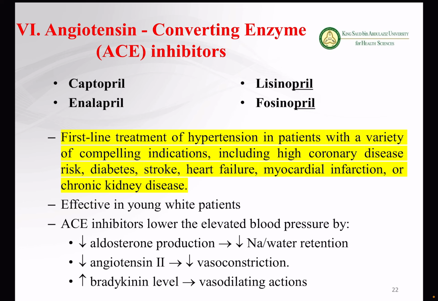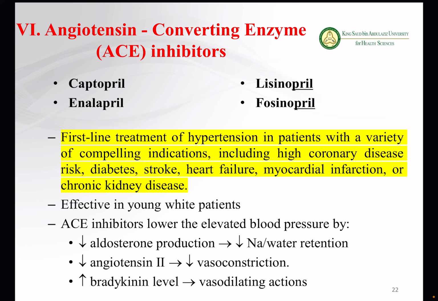Now, why do we prefer this in diabetes or chronic kidney disease? Apart from their antihypertensive effect, these ACE inhibitors, like lisinopril, are also responsible for reducing proteinuria. In diabetic patients and those who have chronic kidney disease, because of their poor renal function, with the passage of time the kidney function declines.